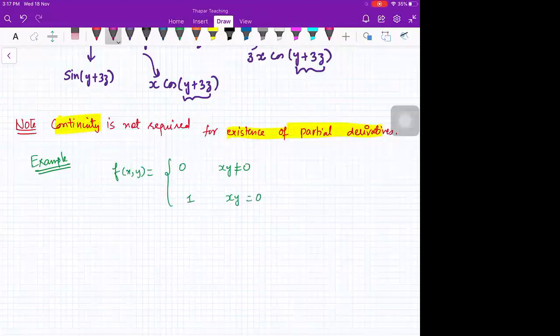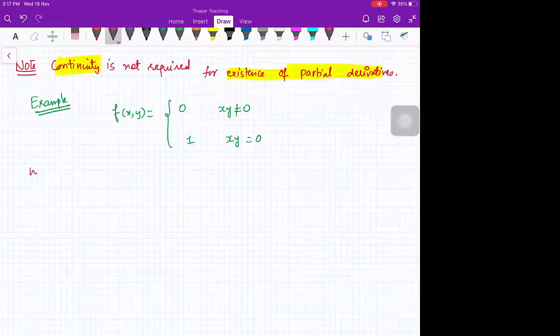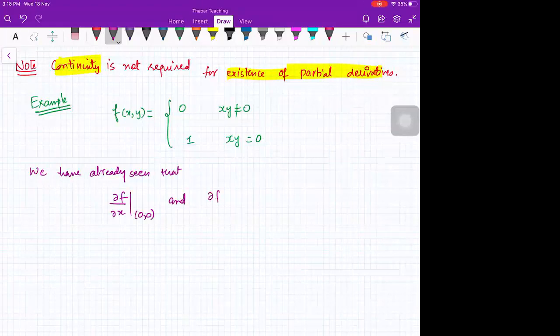We have already seen that the partial derivative with respect to x at (0,0) and the partial derivative with respect to y at (0,0) both exist and are equal to 0.